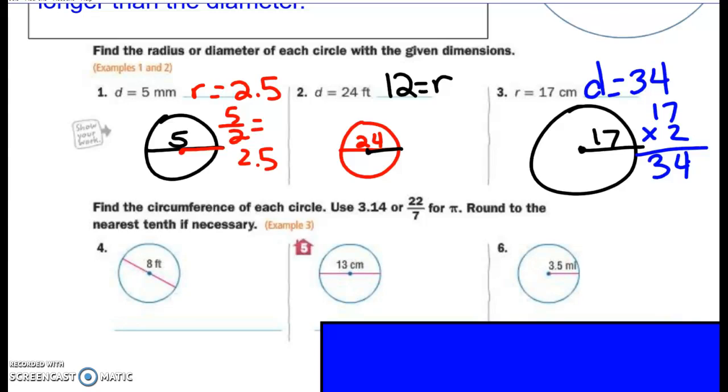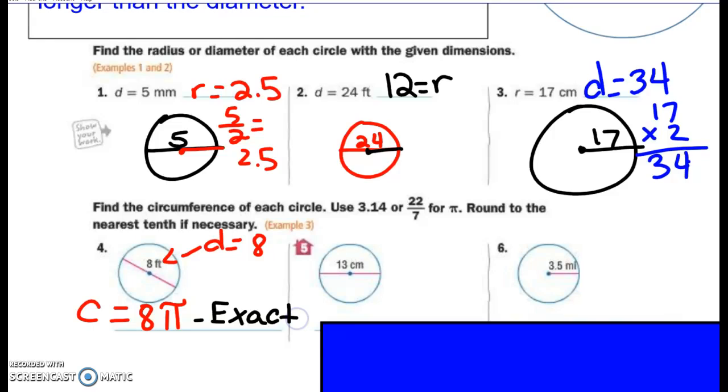So let's make some sense of that by doing example 4. The diagram in example 4 tells me that the diameter is 8. In order to find the circumference, I just need to do the diameter times pi. So I'm going to do 8 times pi. If I just leave it as pi, that is my exact answer.